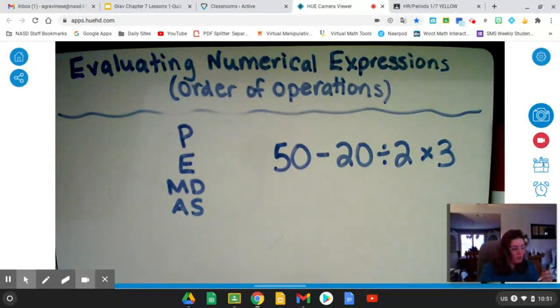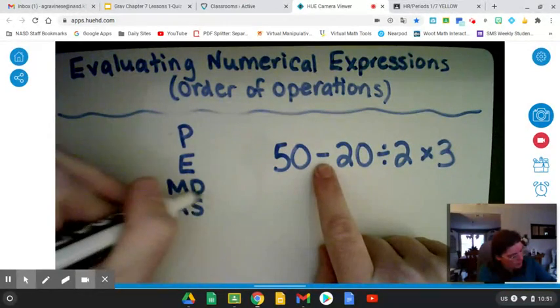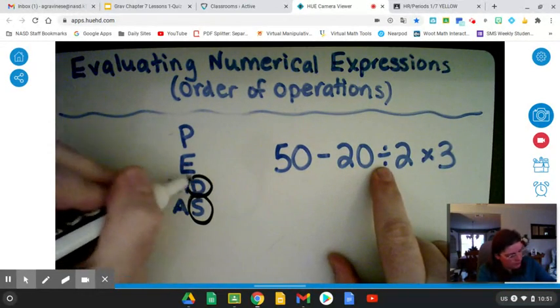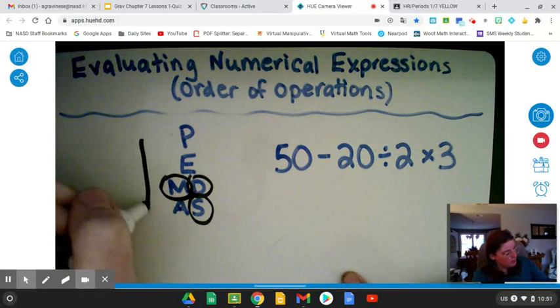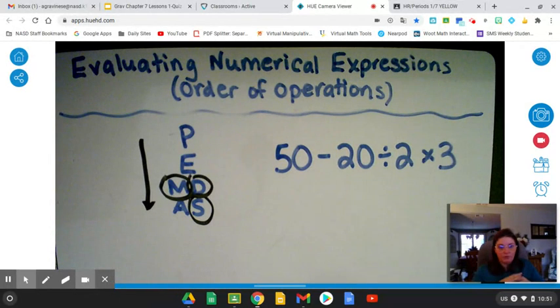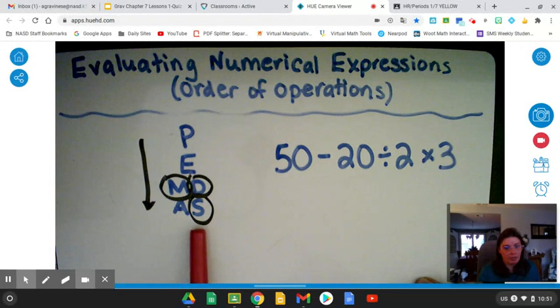So I added in another operation to increase the level of difficulty. What do I have? I have subtraction, division, and multiplication. So when I go down PEMDAS, multiplication or division would go first. The subtraction has to go last because it's the last step of PEMDAS.